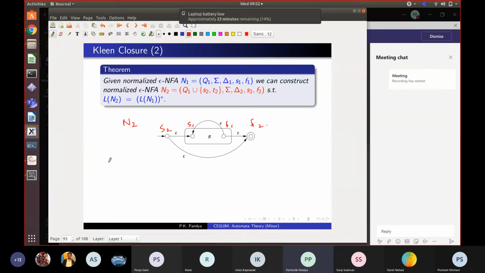For that, we will have to prove that this language, how do we prove two sets are equal? We say that one is a subset of the other and the other is a subset of the first one.